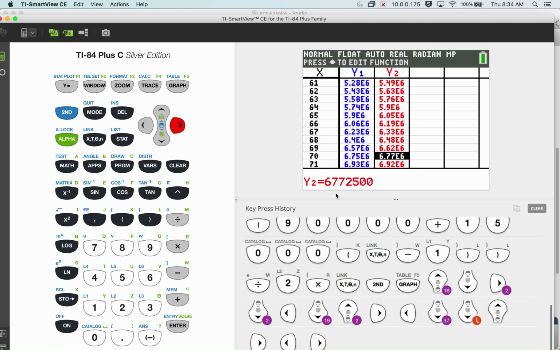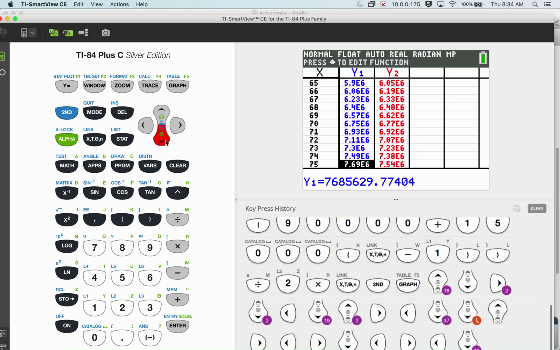This one here, also $6.7 million. After the 71st year, you'll have 6.93, or really 6.92, to their 6.922. So 71 years is the break-even point. And after that, we should see that Plan A really does outpace Plan B.